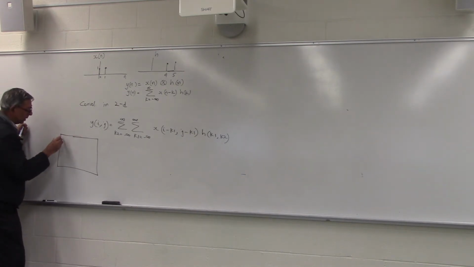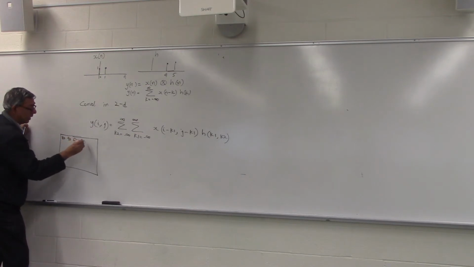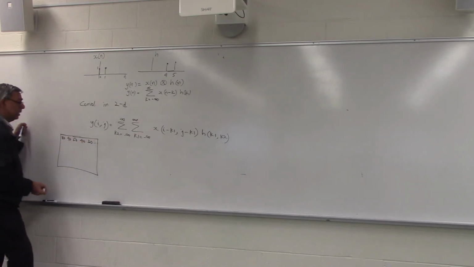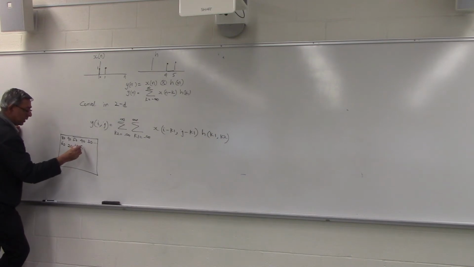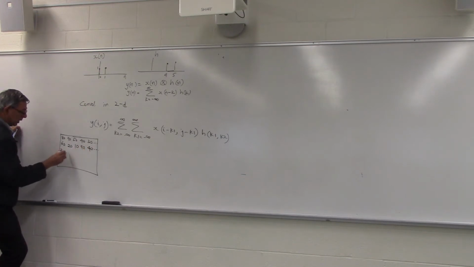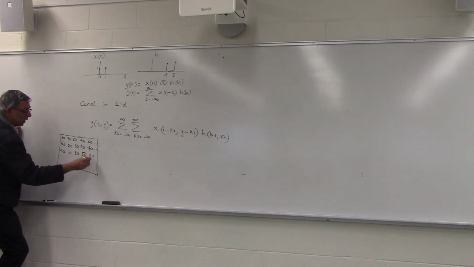Suppose these are the pixel values: 80, 90, 50, 40, 30, and so on. 60, 20, 10, 90, 40, and so on. 20, 10, 30, 50, 20, and so on. And let me put one more.